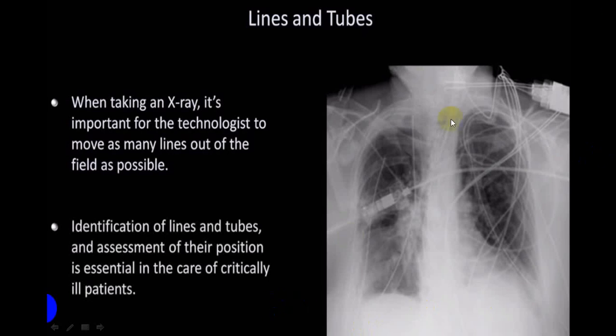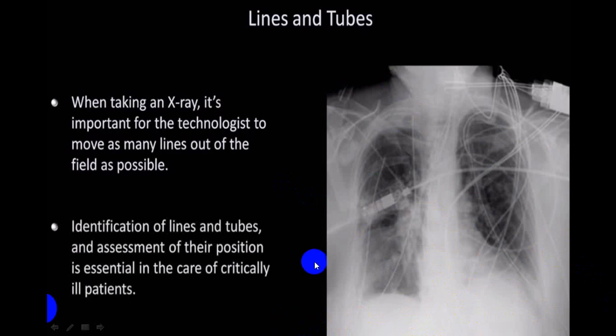Now you can see here, there are a lot of wires and tubes. In such a condition, it becomes extremely difficult to identify what belongs to what. So whenever you are taking an X-ray, it is very important for the person taking it to separate out as many lines as possible from the field, so you can see the lung shadows, mediastinal shadows, cardiac silhouette, angles, etc. much better.